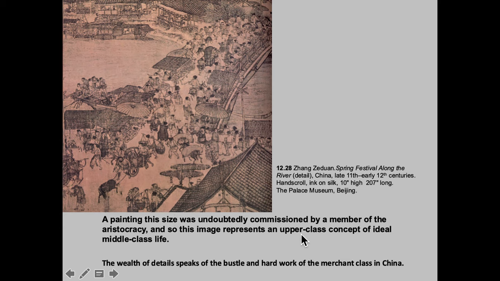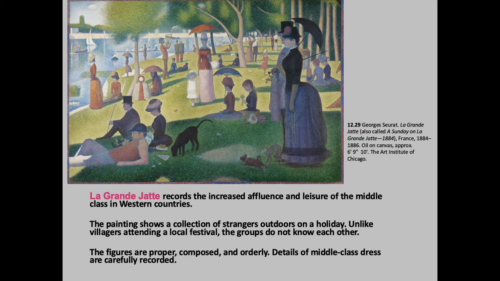It was commissioned by a member of the aristocracy, but it represents an upper class concept of ideal middle class life. So we're depicting middle class activities. We're at a festival, and there's some shopping going on, and probably food vendors and entertainment. But the wealth of details talks about the bustle and hard work of the merchant class in China.